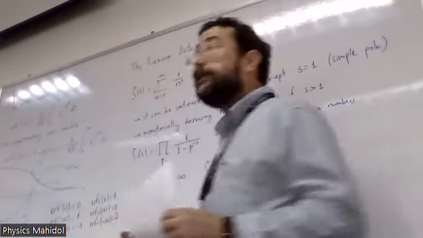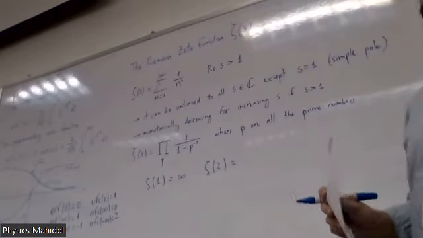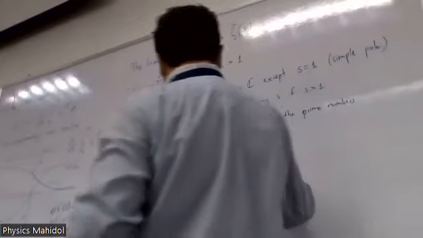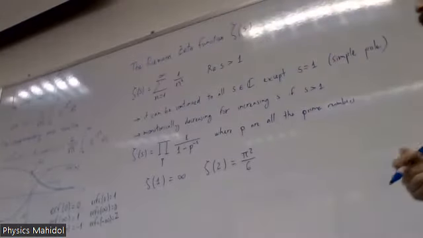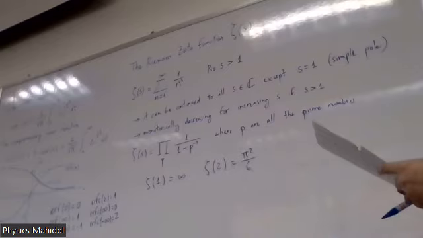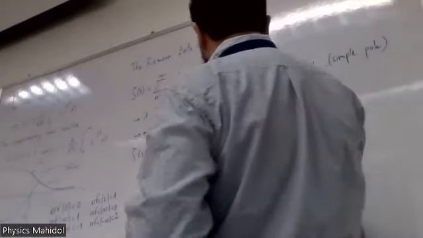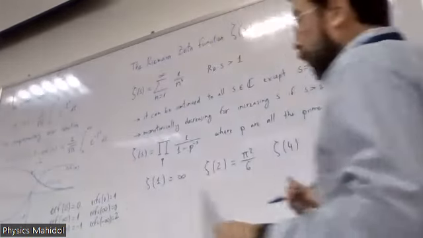If I evaluate at 2, then we calculated this value, remember, with the contour method. And remember, we got pi squared over 6. So from 1 to 2, it decreases from infinity to pi squared over 6. And we also know the value at 4, because it can also be calculated from the contour method.